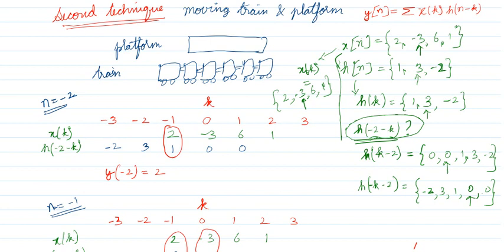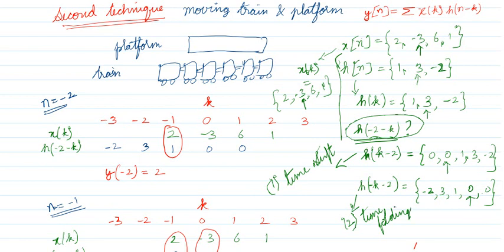I will make a note here. This is time shifting, the first step. The second step is time folding. See, this may look difficult. Once you look at the third method, the tabulation method, it will be very easy for you.